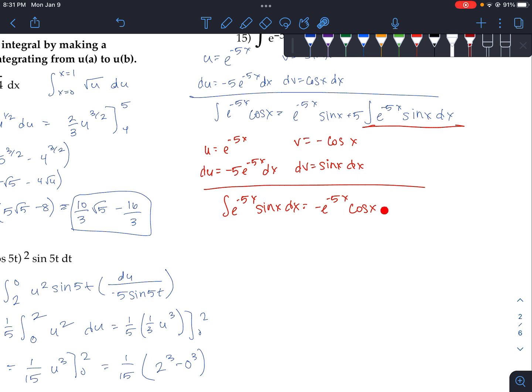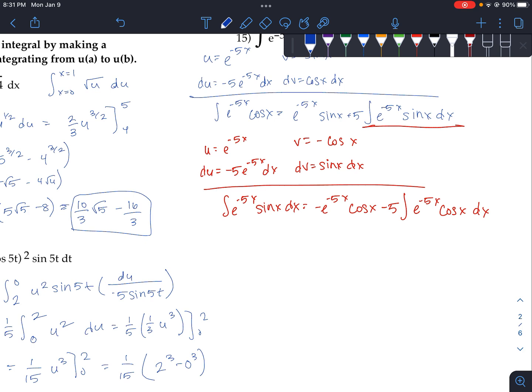That's still going to be negative, but I'm going to pull that 5 out. So minus 5 integral of v du, sorry, so that's going to be e to the negative 5x cosine of x dx.